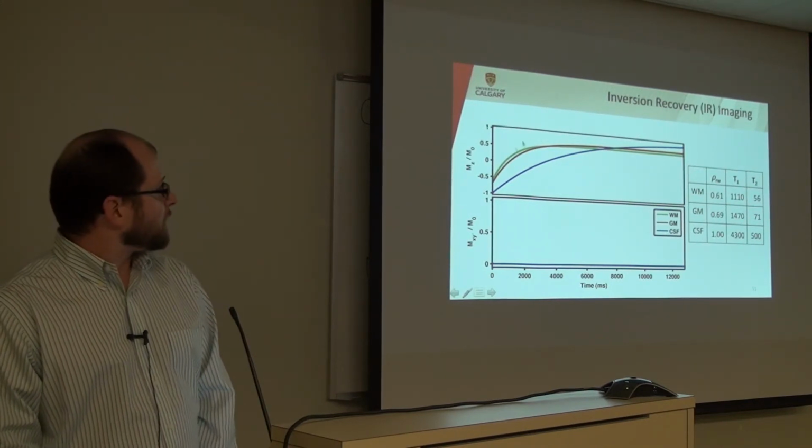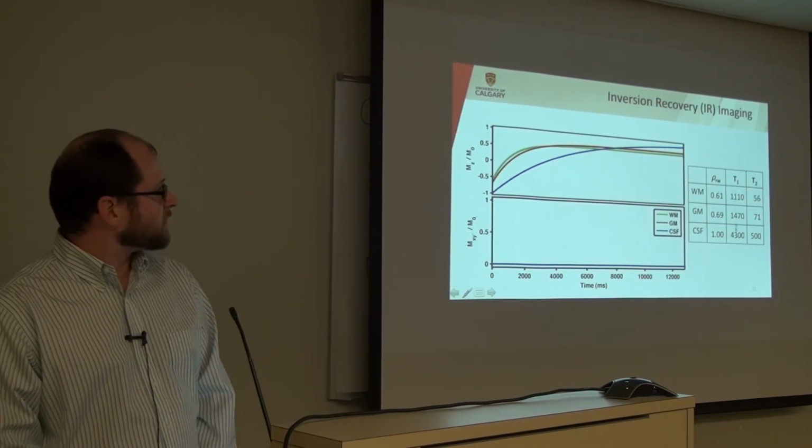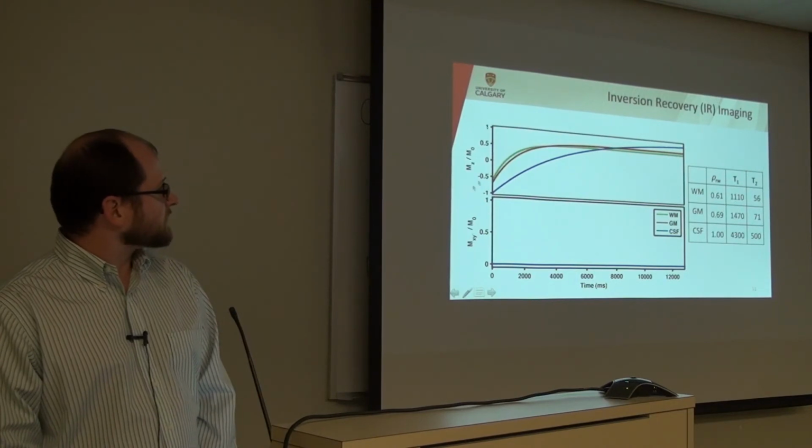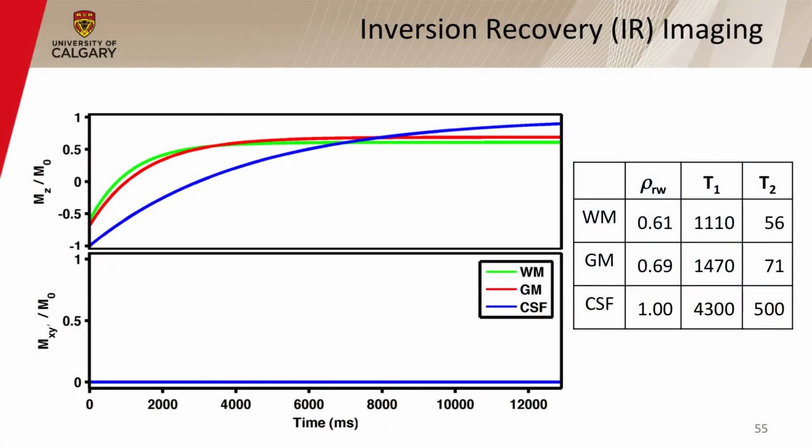Gray matter and white matter have similar T1s, and they look something like this. So they've fully recovered even after a 180-degree pulse by around here. Now, what we do in inversion recovery imaging is we try to time the application of a 90-degree pulse after one of these 180-degree pulses.